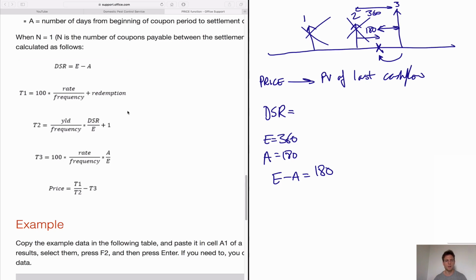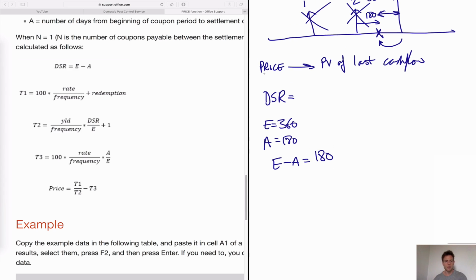Now, this looks a bit confusing at first, but it makes perfect sense. The price, we'll have to work backwards. Price equals T1 divided by T2 minus T3.